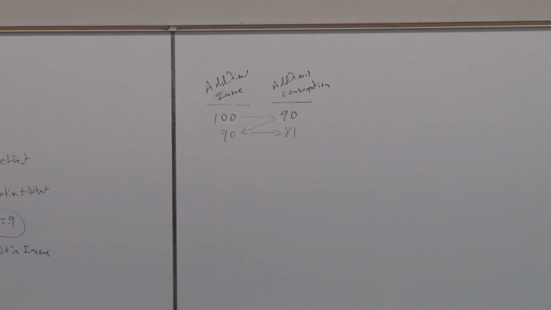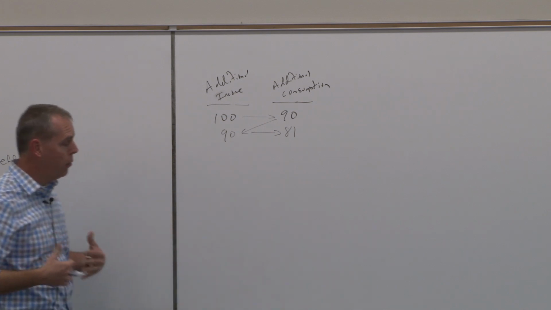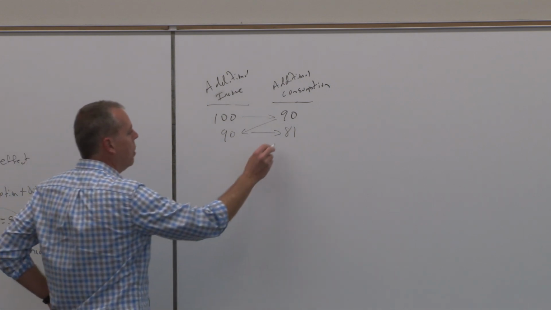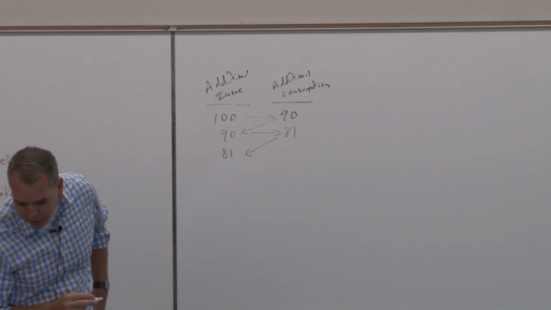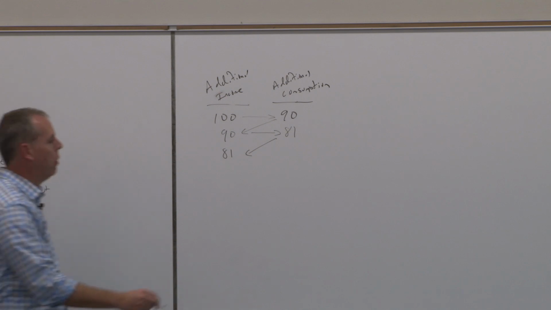The money he's spending on kitchen cabinets is consumption to the barber, but to the guy that makes kitchen cabinets, it's income. It comes down here as 81. So now the kitchen cabinet guy has seen his income grow by $81, and he spends 90%.